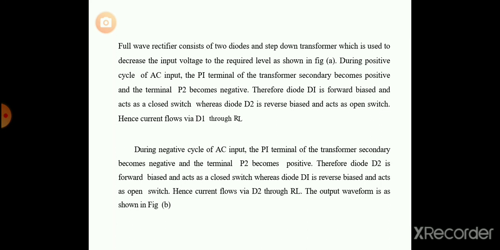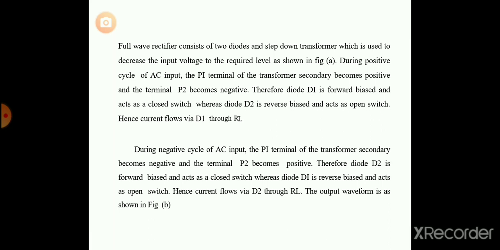During the positive half cycle of input, the P1 terminal of the transformer becomes positive and P2 becomes negative. Therefore, D1 is forward biased and acts as a closed switch, whereas diode D2 is reverse biased and acts as an open switch. Hence, current flows via D1 through RL.